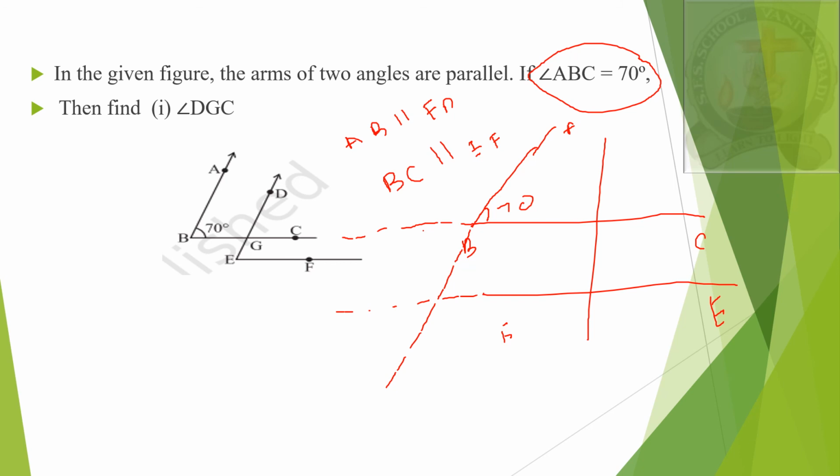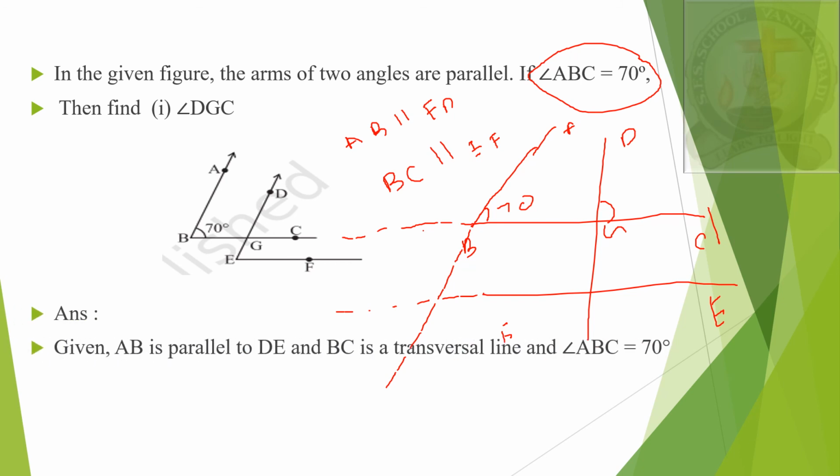Angle D, G and E. What about this angle? If you take BC as a transversal line, the 70-degree angle is corresponding to the angle DGE. Yes or no? Because they are different vertices and they lie on the same side of the transversal line.